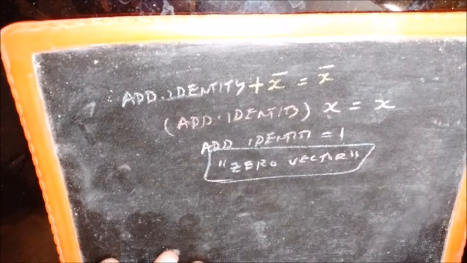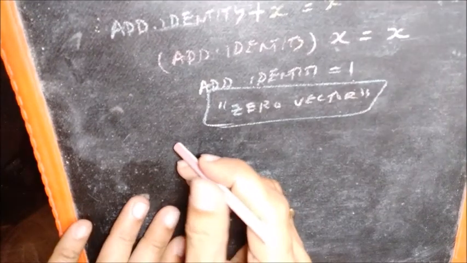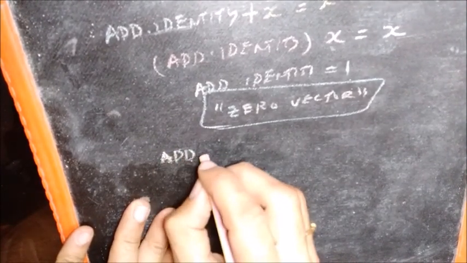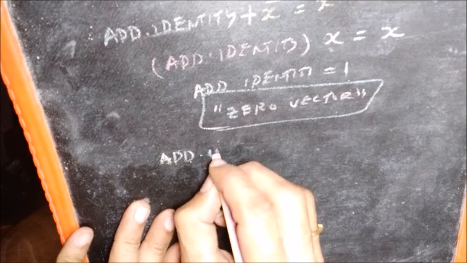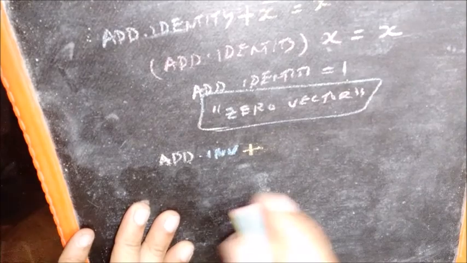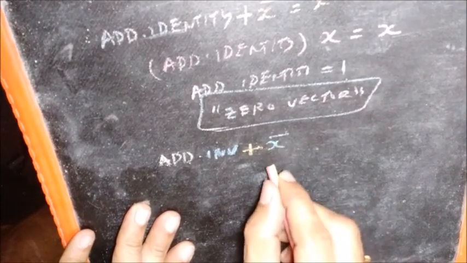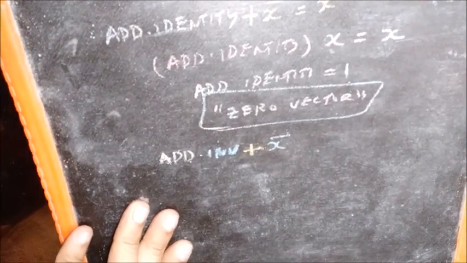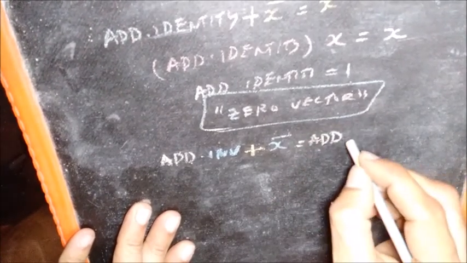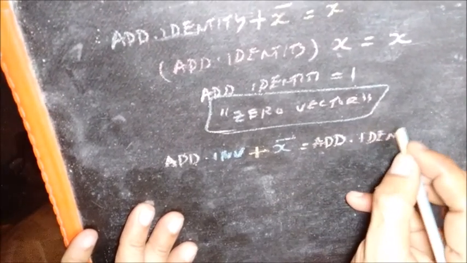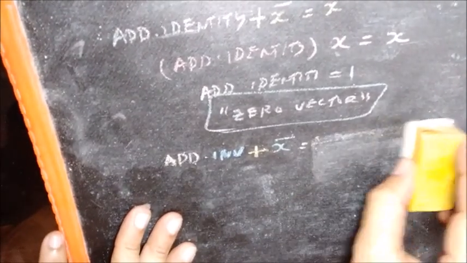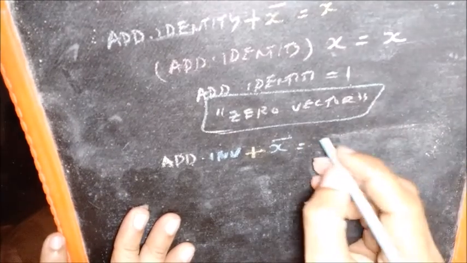Now, next is whether there is an additive inverse. Additive inverse is such that if it is added with the vector of which it is the additive inverse, the result has to be the additive identity. We have already found that the additive identity is 1.